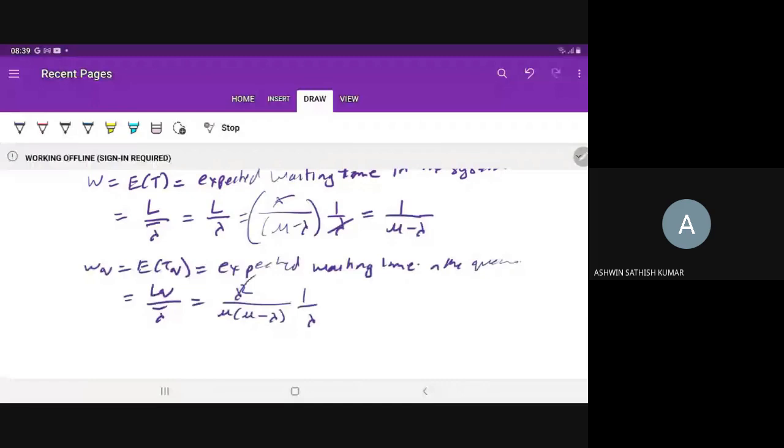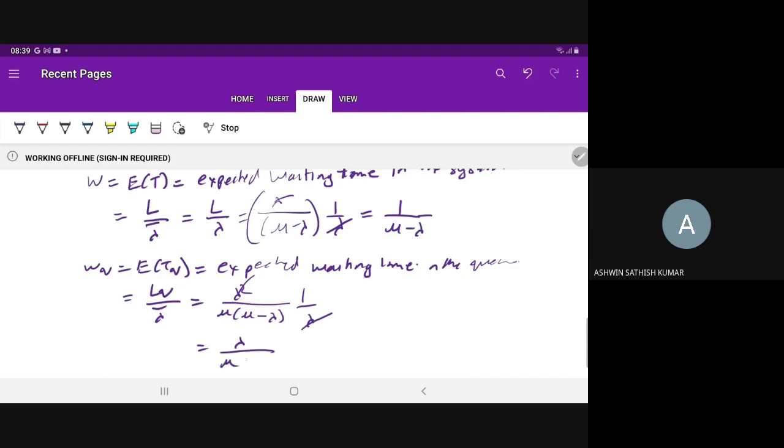So this lambda and this lambda cancel out. So here we have lambda upon mu minus lambda, or rho upon mu minus lambda.